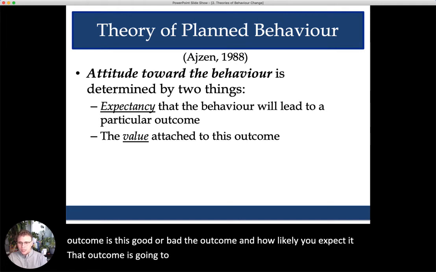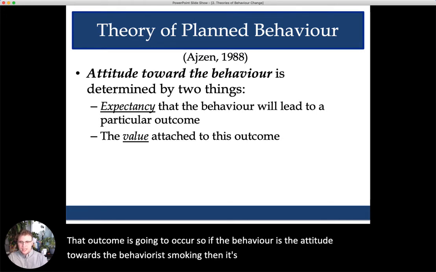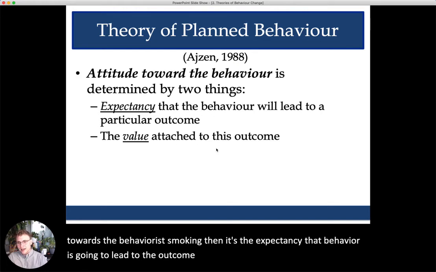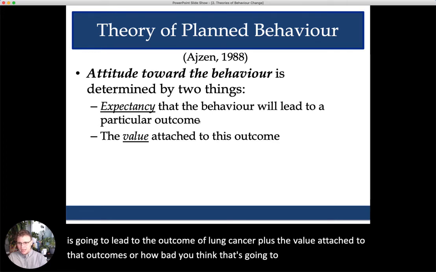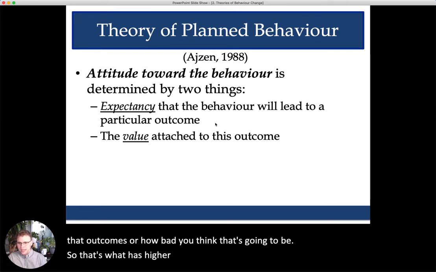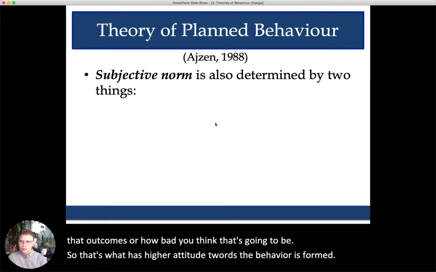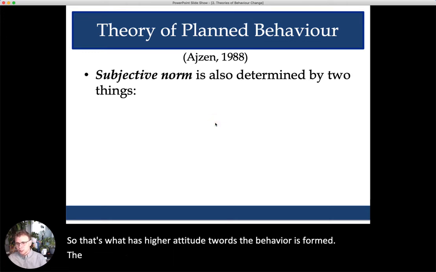So if the behavior is smoking, then it's the expectancy that behavior is going to lead to the outcome of lung cancer plus the value attached to that outcome, so how bad you think that's going to be. So that's how your attitude towards the behavior is formed. The subjective norm is also determined by two things, right?